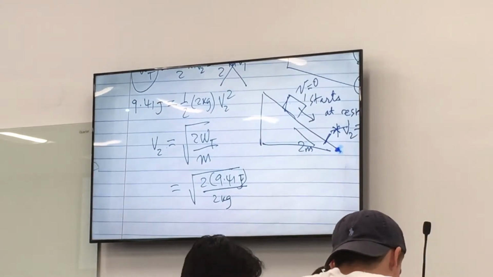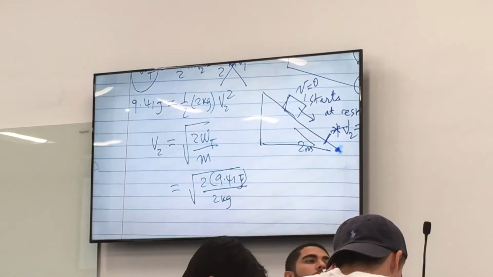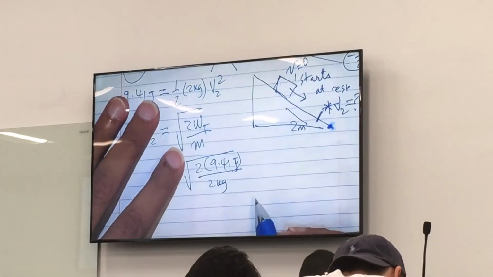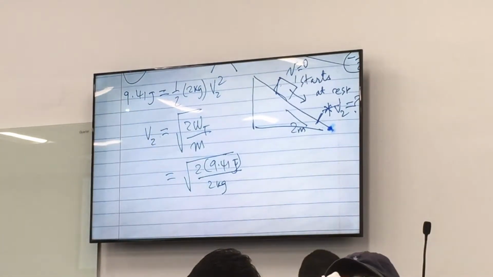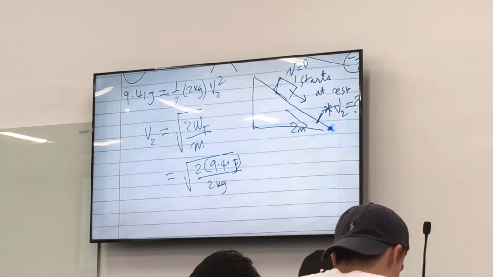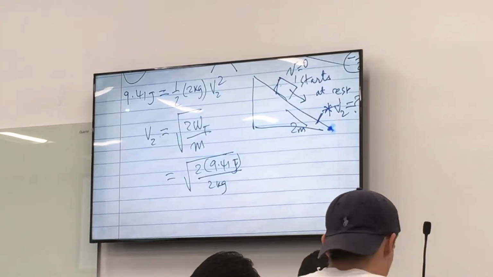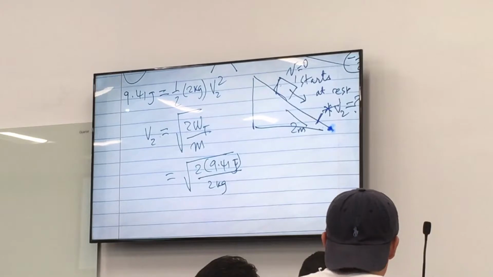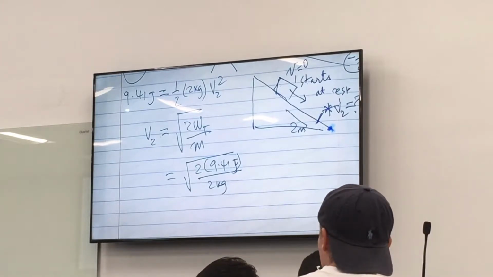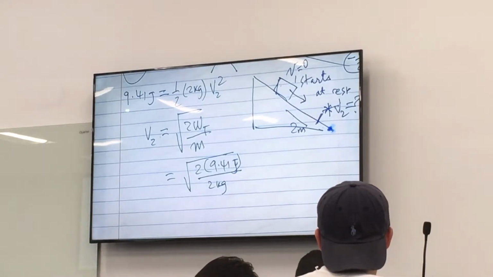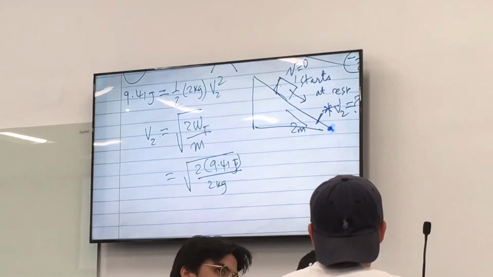So let me ask you a very simple question. This is what I ask most of the time. If you go to a tall building and you drop an object, and if you can time how much time it takes, you should be able to calculate the height of the building, and also how much velocity the object is going to have at the end of the trajectory, right?